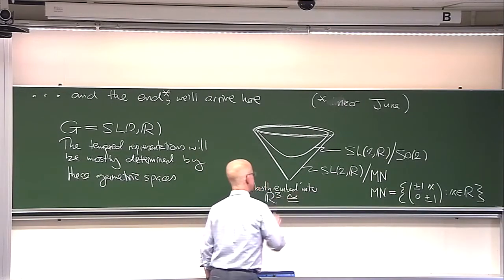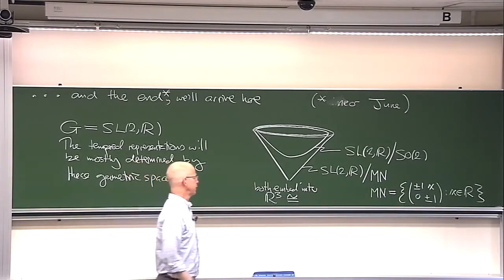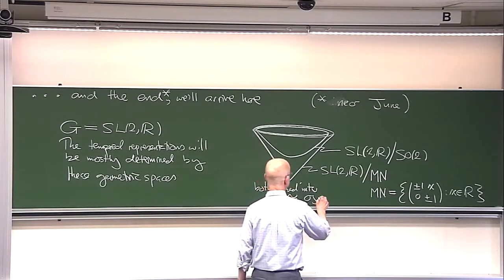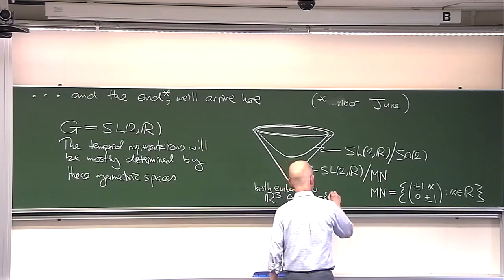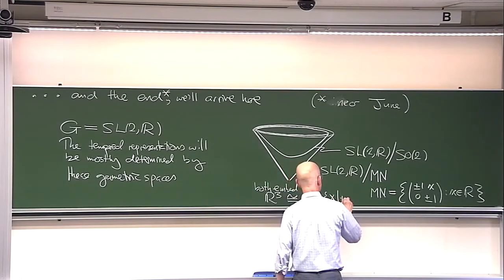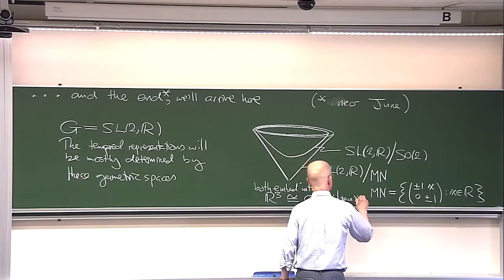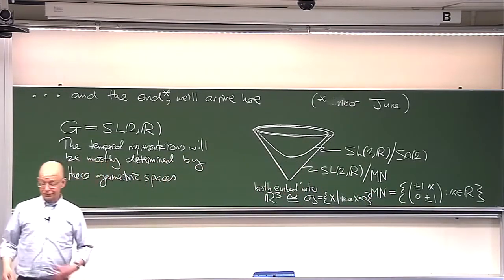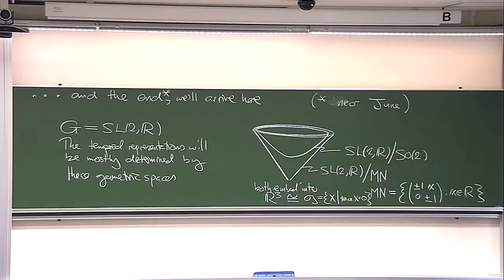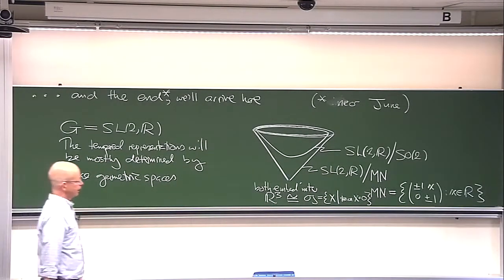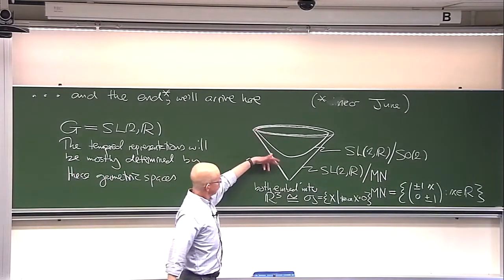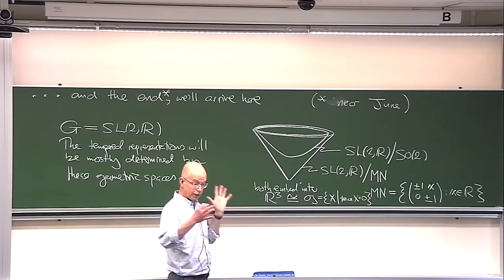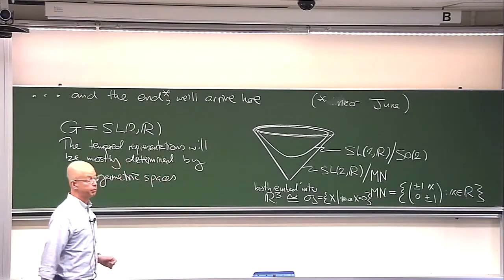And one way of doing that is to think of R3 as the Lie algebra of our group G. So it's a set of all 2 by 2 matrices with trace 0. And SL2R acts on this set of matrices just by conjugation. And now you can find that a single orbit under that conjugation action can look like this, or it can look like this. There are other orbits as well, which are less important.